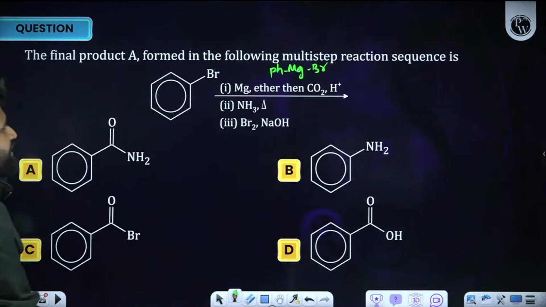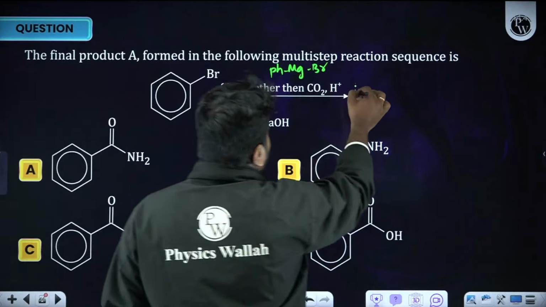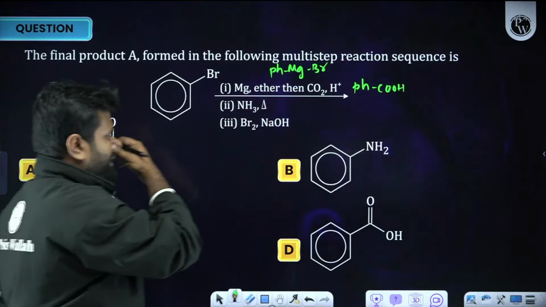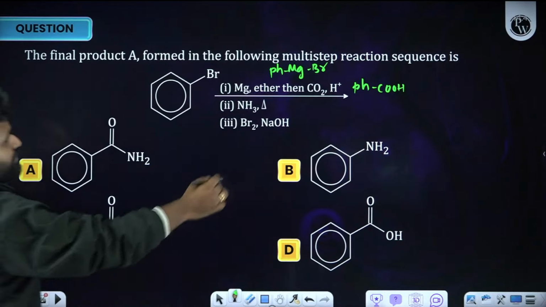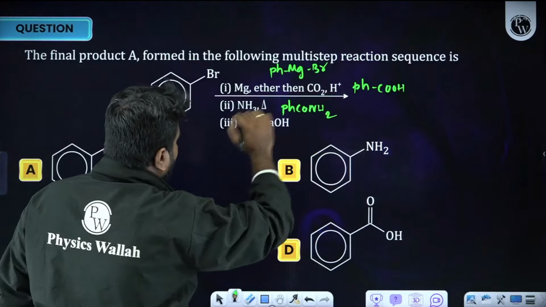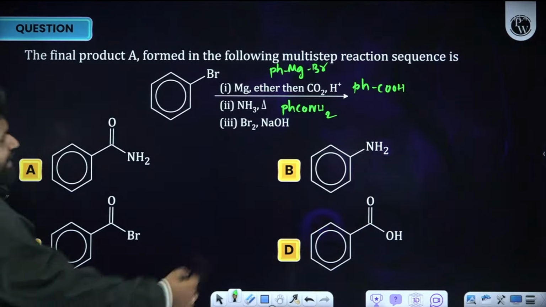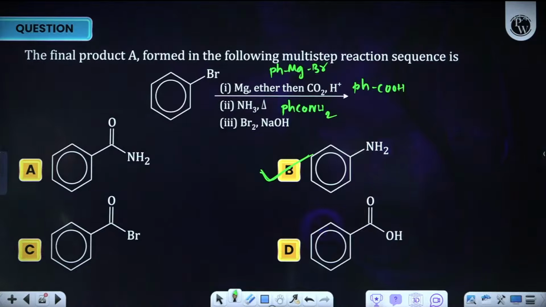Then I am treating this with ether, then CO2 in presence of H plus. So automatically I will be getting benzoic acid. Now benzoic acid, I am treating this with ammonia. So I will be getting benzamide. Next, with Br2 in presence of NaOH, automatically I will be getting aniline. Preparation of aniline. Option B is the correct answer.